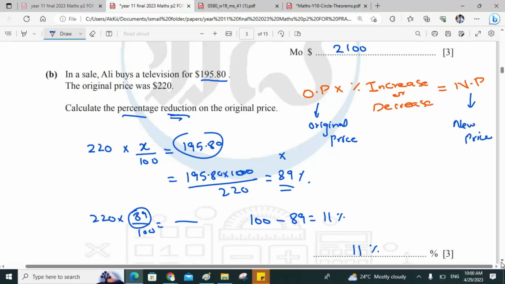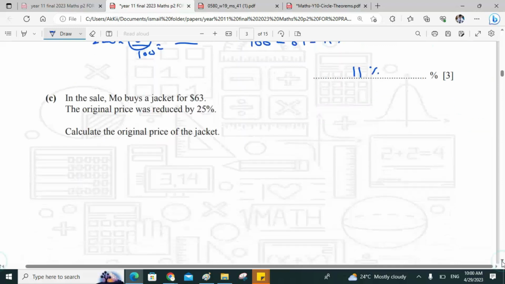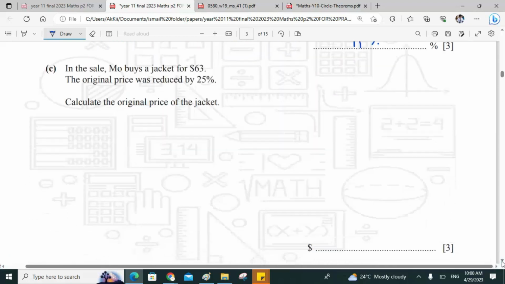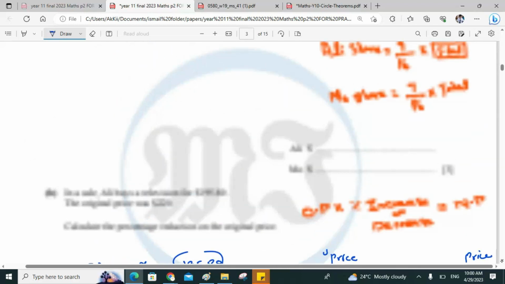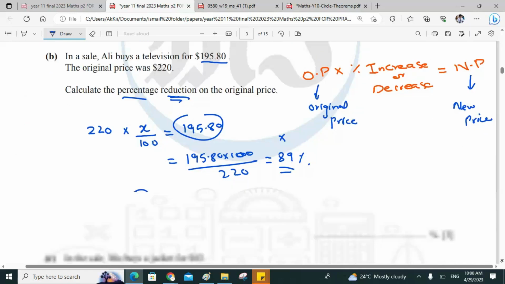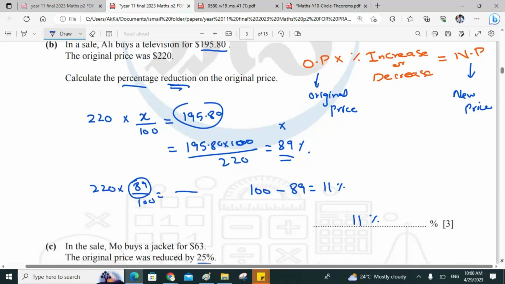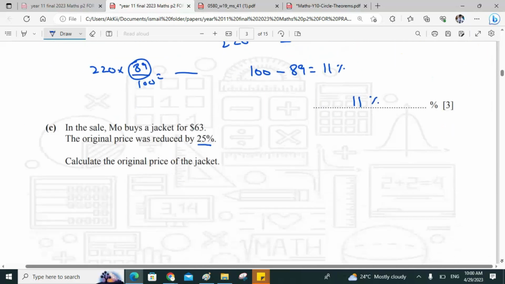Okay, let us continue. In the sale, Bo buys a jacket for $63. The original price was reduced by 25%. Calculate the original price. Now, for this question, again, you go for the same formula: original price multiplied by percentage decrease is equal to new price. So here, he buys a jacket for this 63. The original price is reduced.